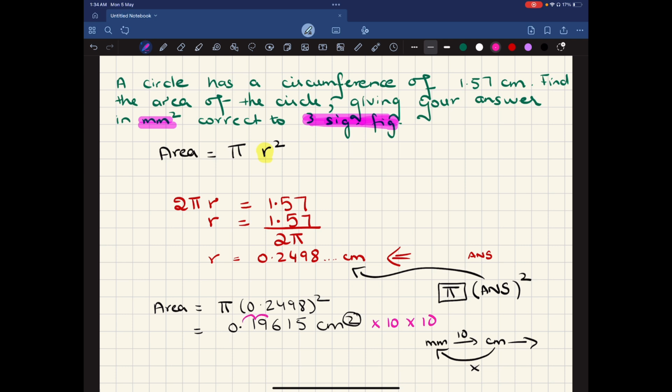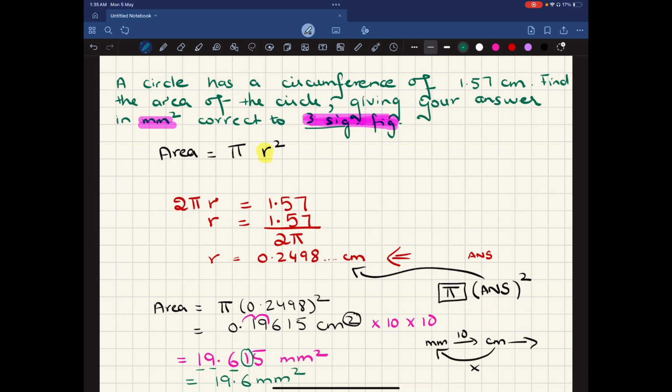So this is going to be 19.615 millimeters squared. And then you have to give your answer correct to 3 significant figures. So 1, 2, 3. The neighbor is less than 5. So your answer is going to be 19.6 millimeters squared.